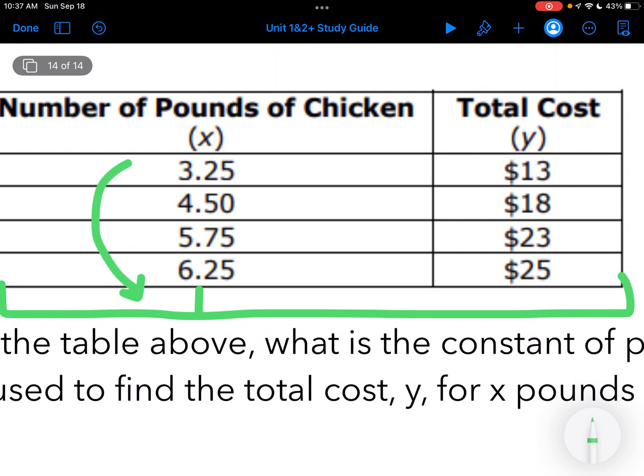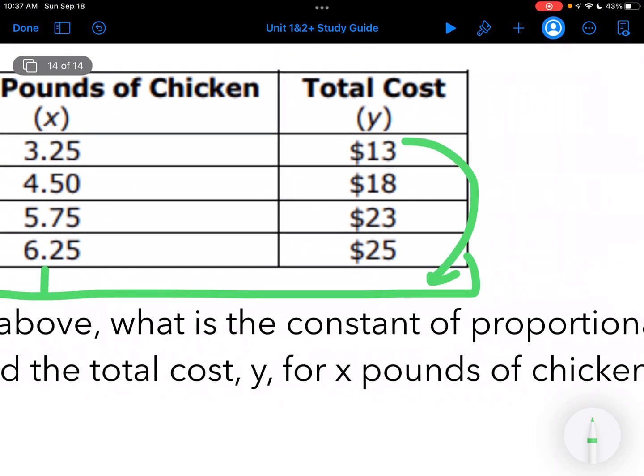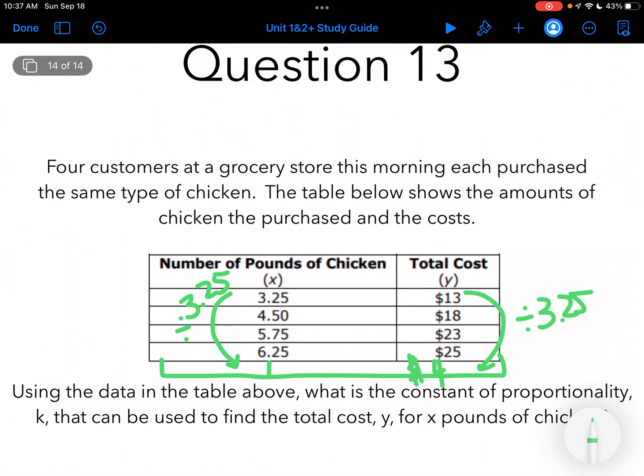I can choose any row, but I'm going to choose the top one. So I'm going to divide 13 by 3.25. So on my calculator, I'm doing 13 divided by 3.25, and I get 4. So the unit rate, or the total cost, would be 4.